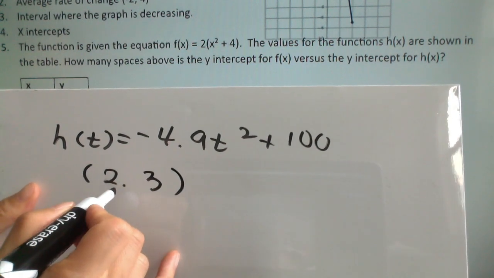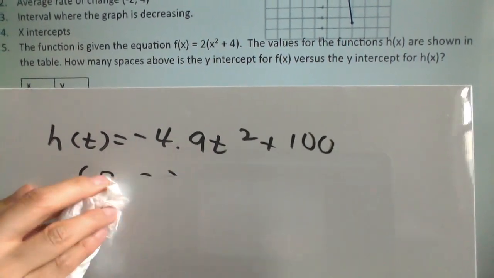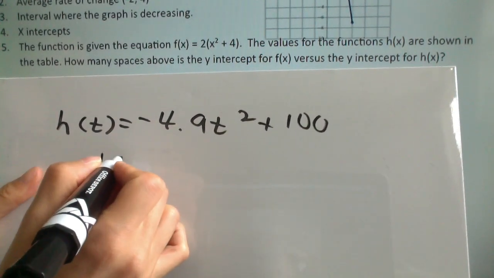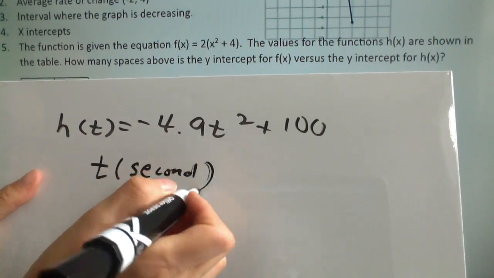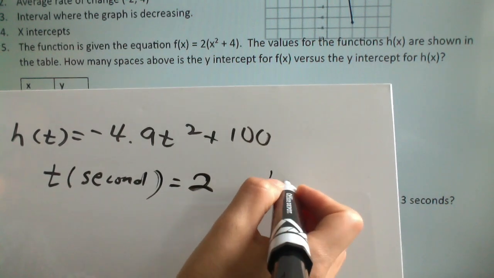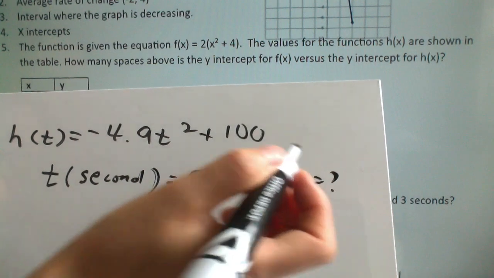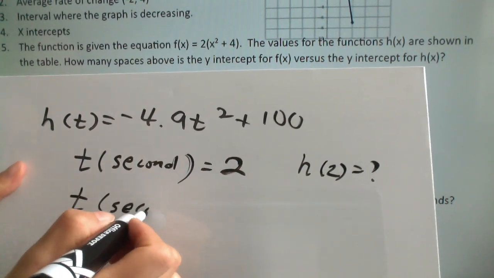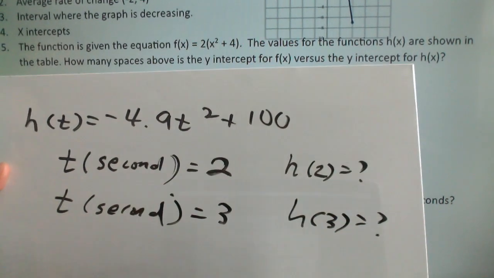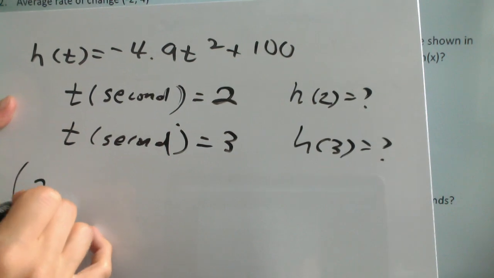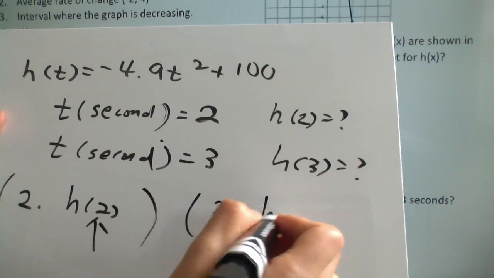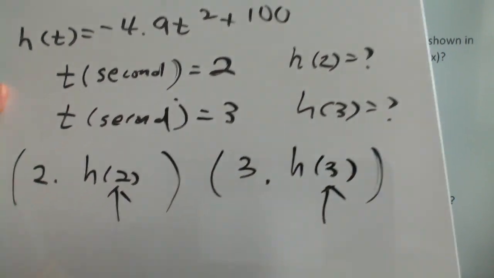So these are all x values. It says t is seconds, right? So when it's 2 seconds, what's h? And t is 3. What's h(3)? There will be 2 points. So like this, 2, h(2). We need to figure this one out. 3, h(3). We need to figure this one out.